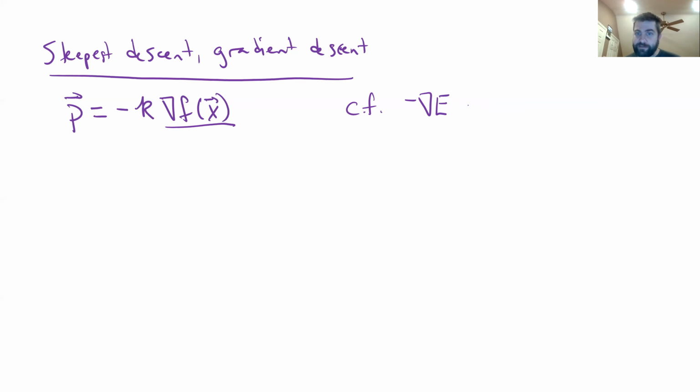Remember that the negative gradient of the energy function is the forces. So in an application of this steepest descent method to proteins, what we're really doing is we're going to choose a step that is proportional to the forces on that system.